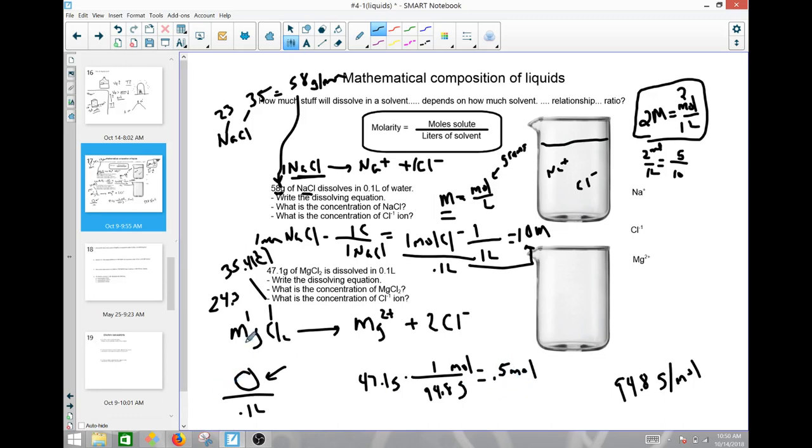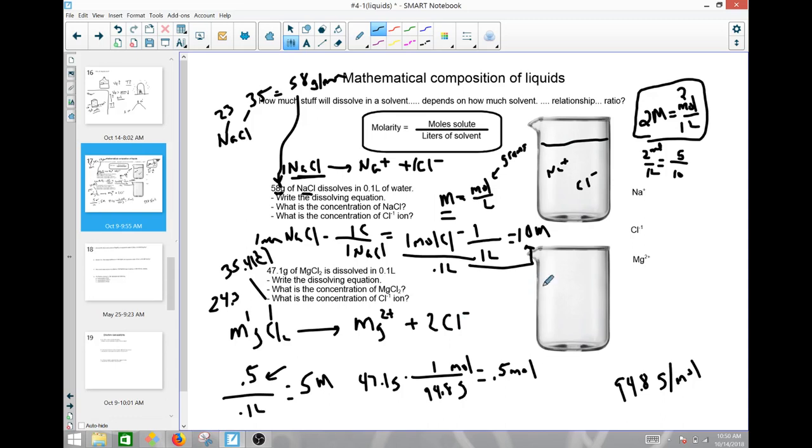Plug that into here. I'm going to erase this for a second. All right, we'll put the 0.5 in here. That's magnesium chloride. Divide out, and we get a molarity equaling 5 moles per liter.